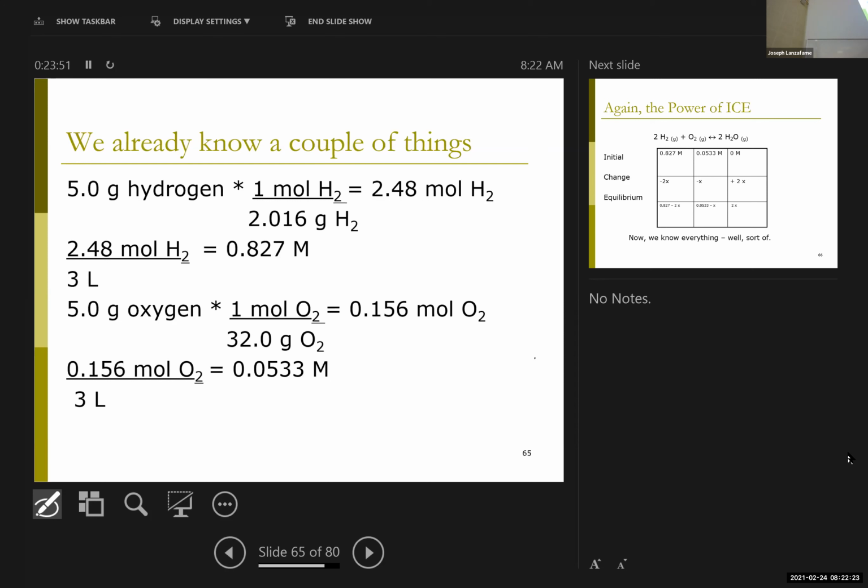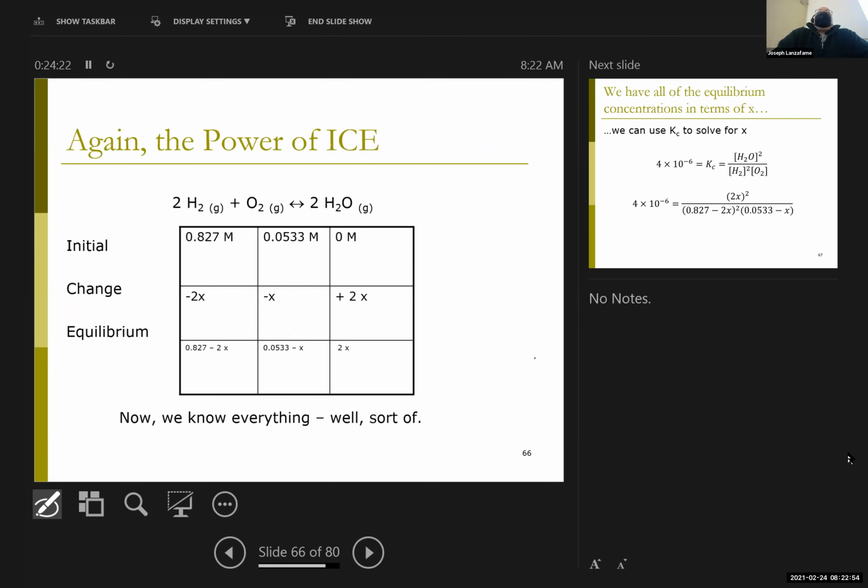Right. And so in this case, I had the initial amount of hydrogen and the initial amount of oxygen in these somewhat artificial units of mass. You generally don't weigh gases, but I'm not quite ready for KP. All right. Again, I can do it in moles or I can do it in molarity. Right. Or I could do it in atmospheres. Right. In this particular case, because ultimately I had to get to molarity anyway, I did the ice chart in molarity.